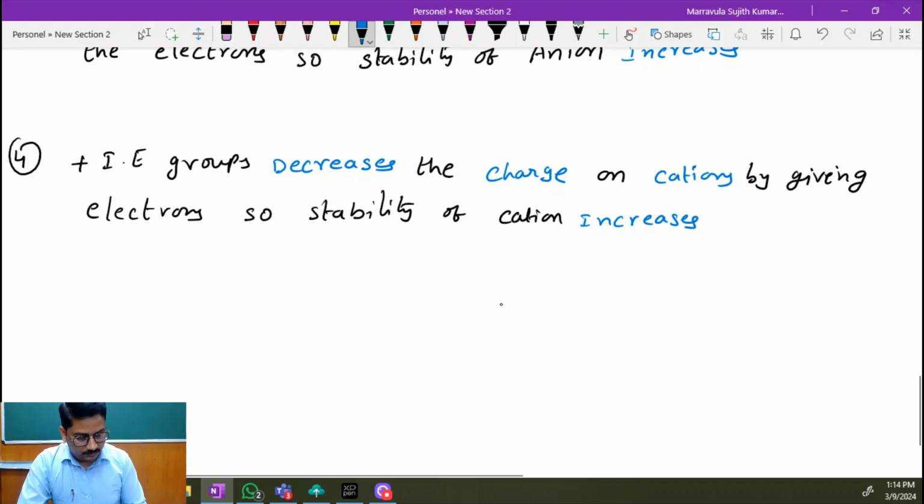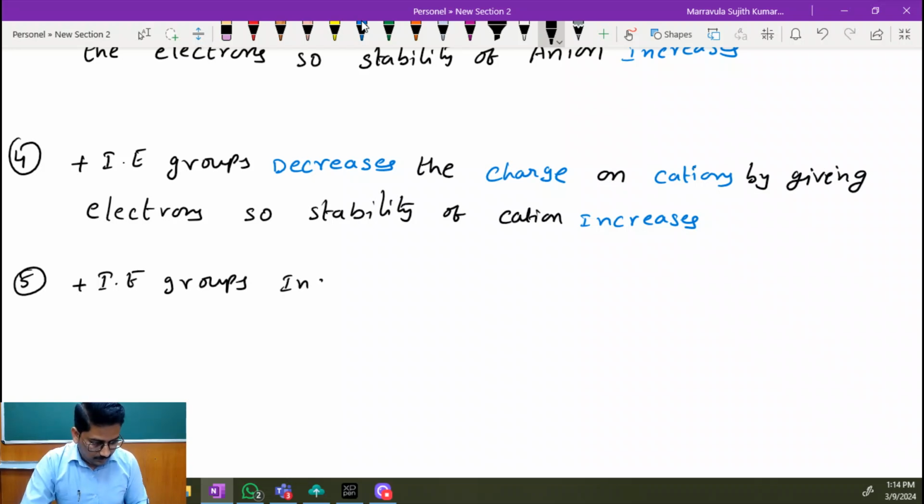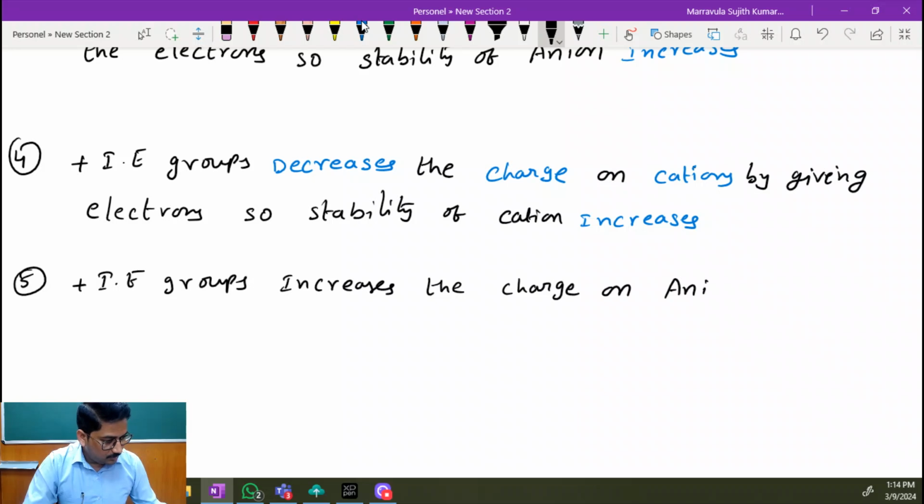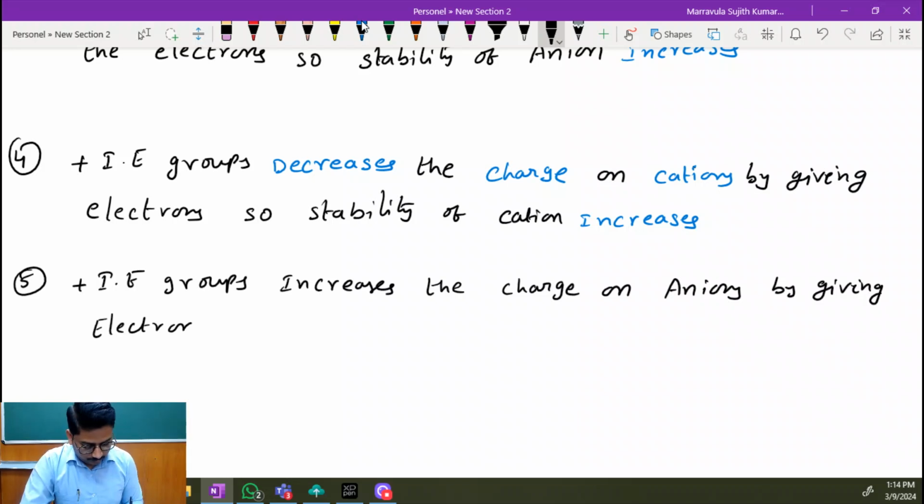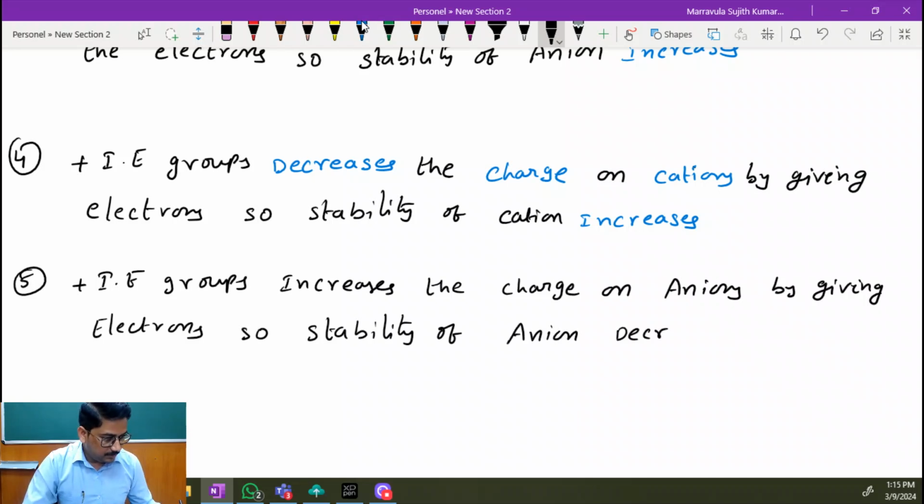So next, fifth point. Plus IE groups increase the charge on anions by giving electrons, so stability of anion decreases.